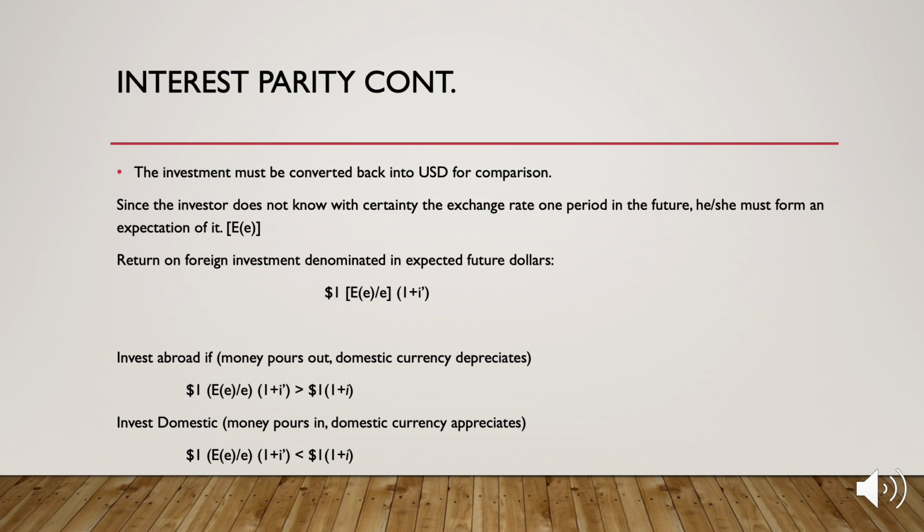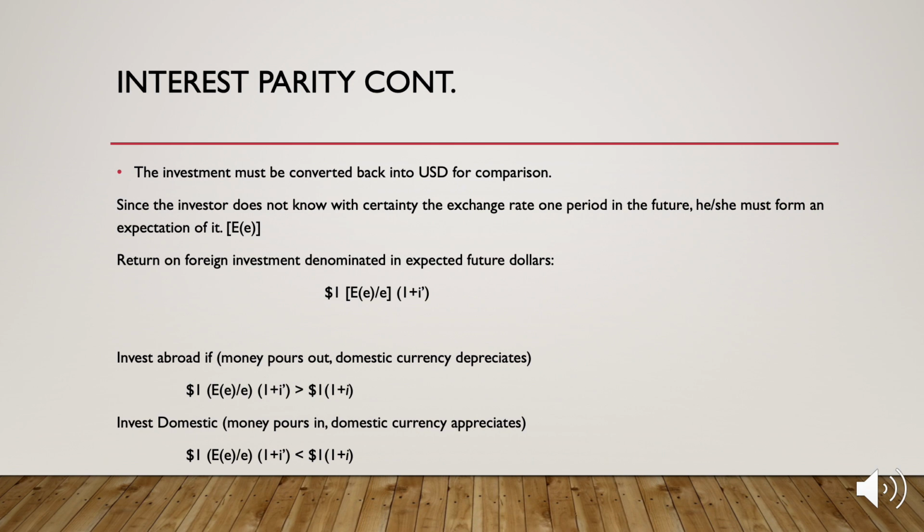Since the investor doesn't know with certainty what the exchange rate is going to be one period into the future, he or she has to form an expectation of it. So we will let capital E be the expected value of the future exchange rate, in this case, one period forward.